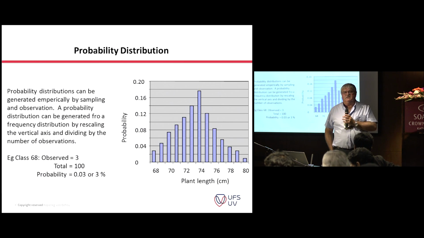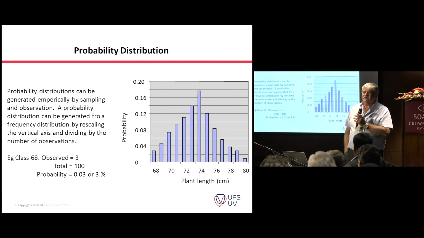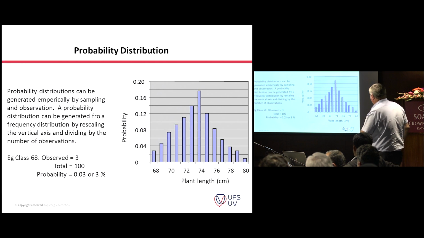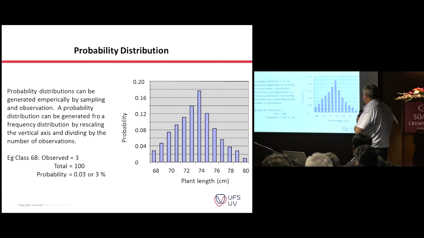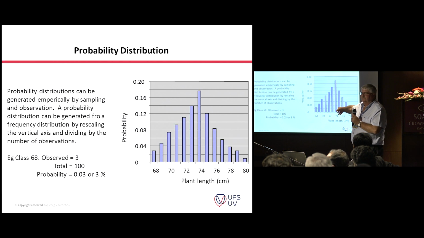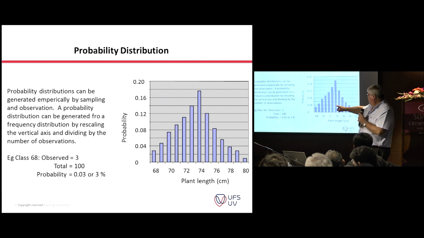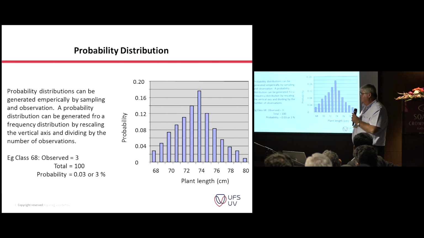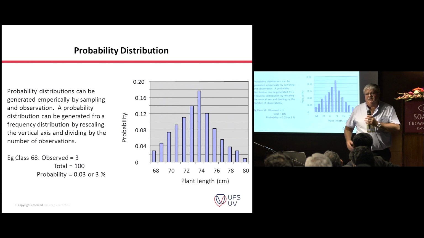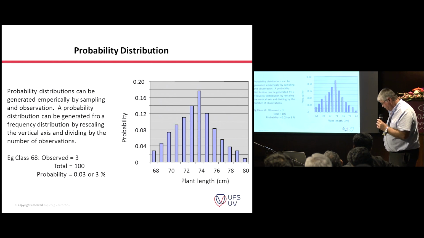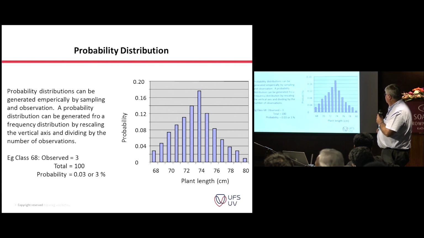If I go and measure in that population, what are the chances of picking up a plant that's 68 centimeters tall? The mean is 74, so it's quite a lot shorter than the mean. What is the probability that I can find a plant that is 68 centimeters?